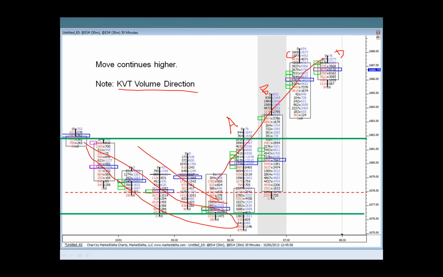If I begin to see large clusters of volume forming, say, below this level up here, then I would definitely be thinking about getting out, because that's showing there is a change in direction with significant volume.